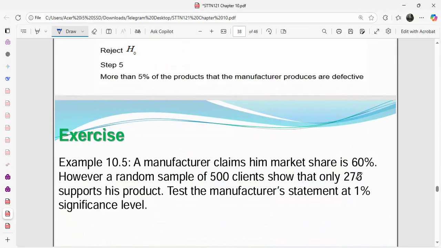Even in this one, the percentage here will be the pi. Then you're going to check a random sample of 500 clients, so n is equal to 500. Then it shows that only 275, which is x. Now, on this one, they're not talking about greater than, less than, or exceeds.